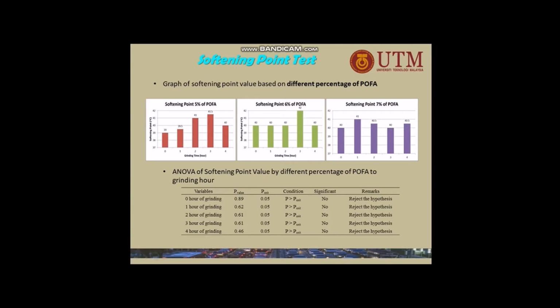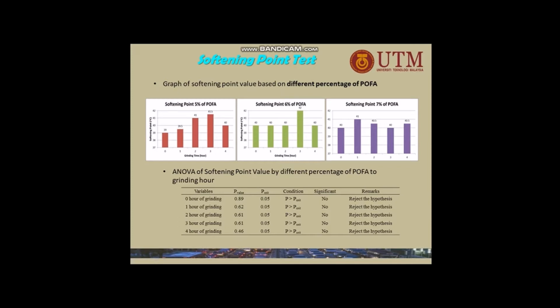So, here is the graph of softening point value based on different percentages of POFA. At 5% of POFA, the softening point value increased 2.5 degrees Celsius with the increase of grinding time from 0 to 3 hours. However, for 6% of POFA, the temperature stayed at 40 degrees Celsius except at 3-hour grinding time, where the value increased to 42 degrees Celsius and reduced back to 40 degrees Celsius at 4 hours grinding time.